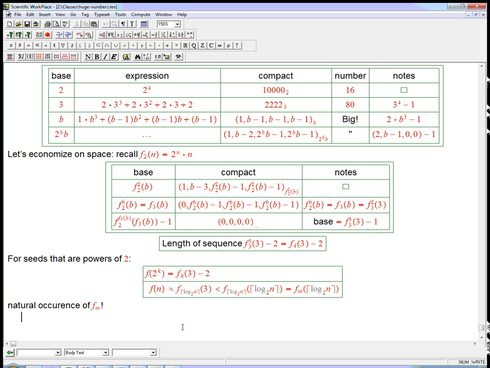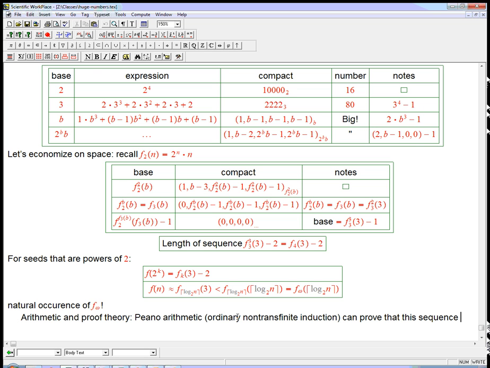And what does it mean about arithmetic and proof theory? I'm going to stop this long video in just a minute. For arithmetic and proof theory, it turns out that you can really prove, I've just been claiming, and you can kind of see how this might be turned into an induction proof, that Peano arithmetic, basically ordinary non-transfinite induction, can prove that this sequence always goes to 0.